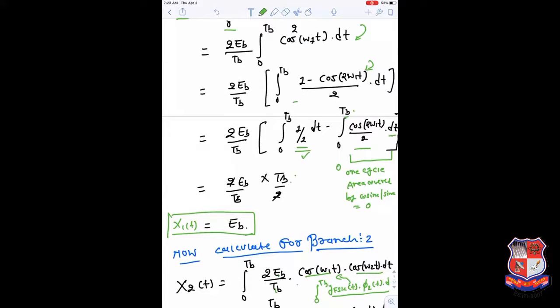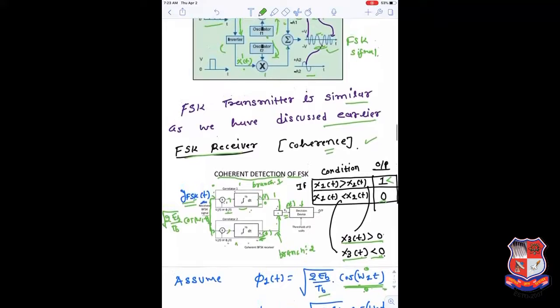If you take the integration, it is TB by 2. If you cancel out, we get x1 of t as EB. So here in the upper branch we get EB as the output if we are receiving square root 2 EB by TB cos omega 1t.